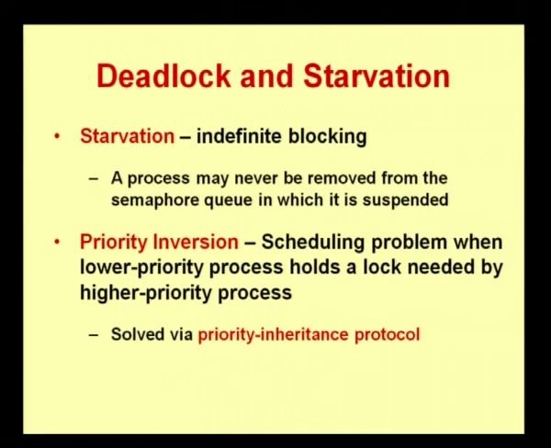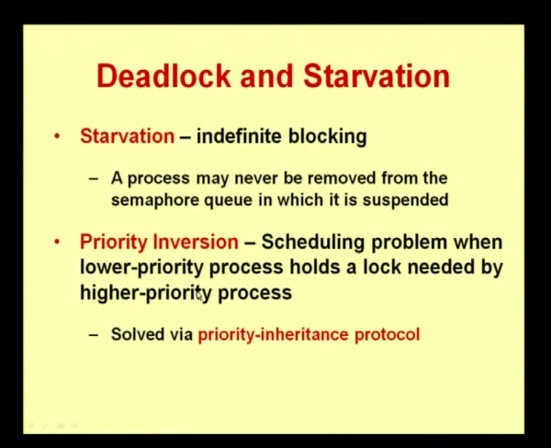Now it is with respect to P2 and P3. According to the queue, P2 should get executed, then only P3 can get executed. But in our case, what happens is that P3 has more priority than P2. And this P2 holds the lock, the mutex lock. Mutex lock is a binary semaphore. It holds the mutex lock and it is not allowing the other process to execute.